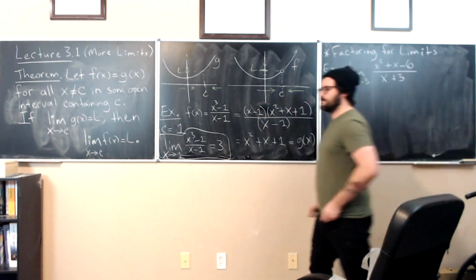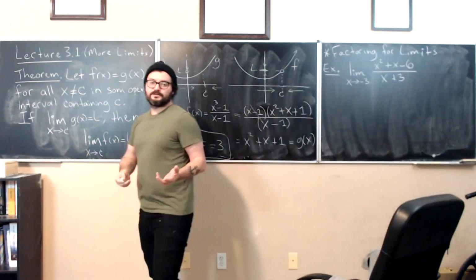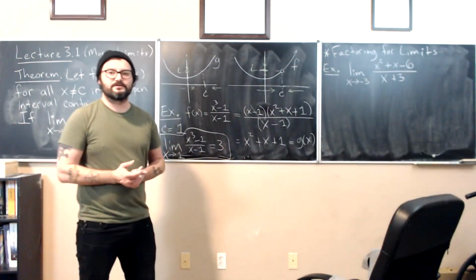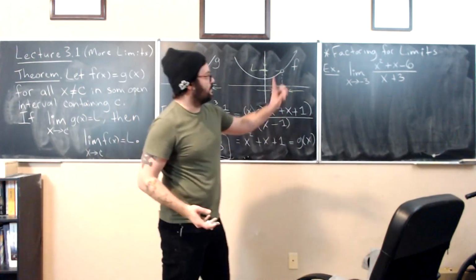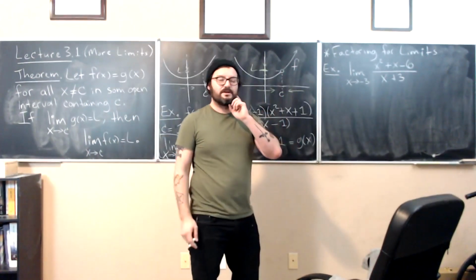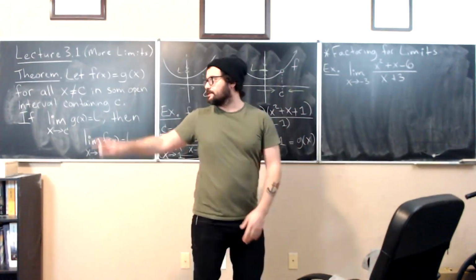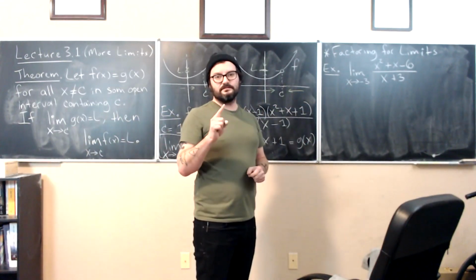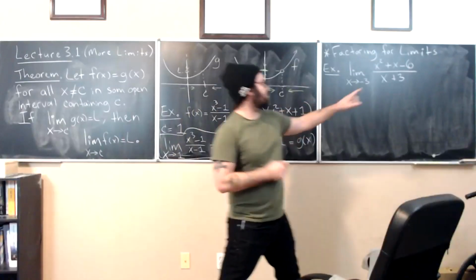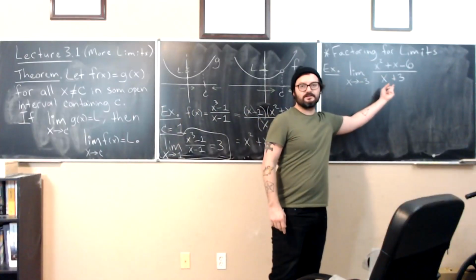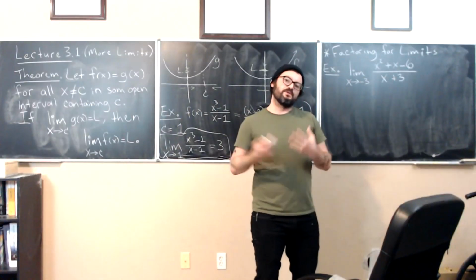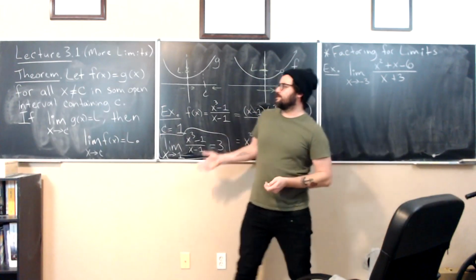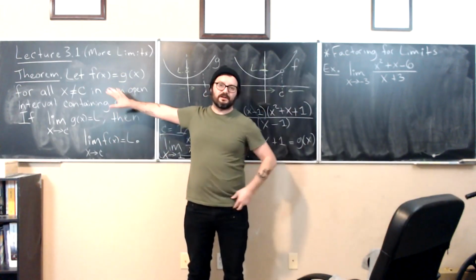If you see any type of rational function, again, rational functions are ratios of polynomials, that's a ratio of polynomials. Because of this theorem, if we can remove the discontinuity from this, because there's obviously a discontinuity at x equals -3, if we can remove that by factoring, then we know that we can find the limit by applying this theorem.